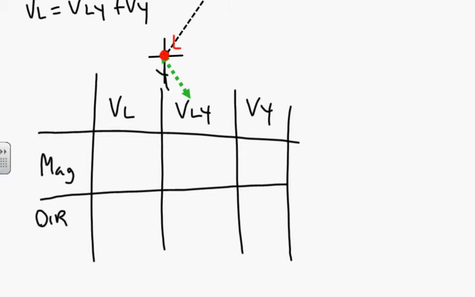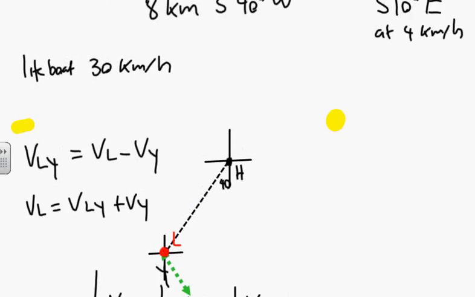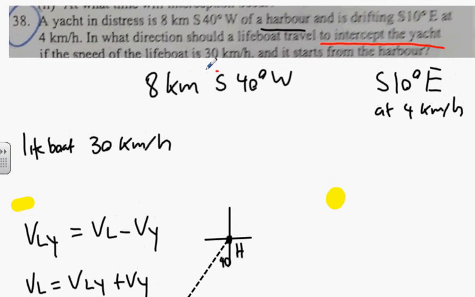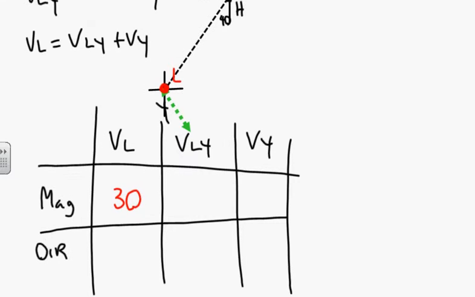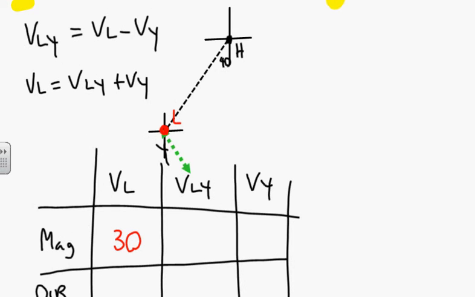So, velocity of the lifeboat, anybody? It says the lifeboat can go 30 kilometers an hour. So the velocity of the lifeboat, its magnitude is 30. Do I know the direction of the lifeboat relative to the yacht? What way does the relative velocity have to take it? South 40 degrees west, because it has to intercept it.